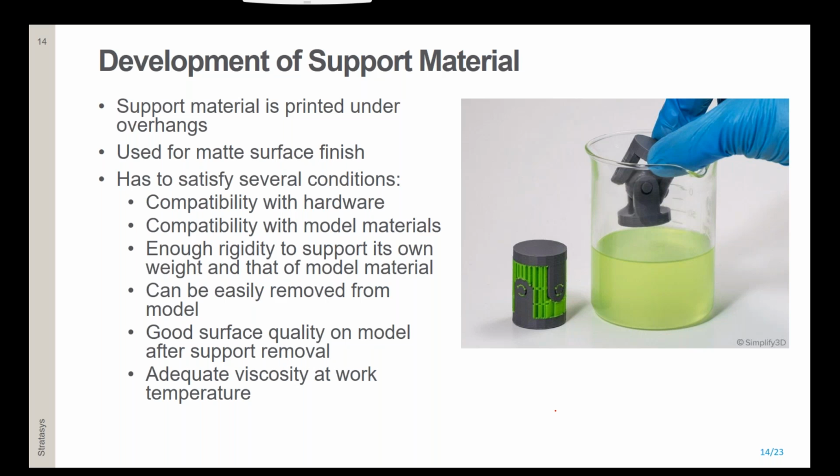So that's one way. Another way is to remove it mechanically. What we have commercially available is what we call a water jet, which, as its name implies, jets a thin stream at very high pressure onto the surface and just mechanically removes the support material from the model.